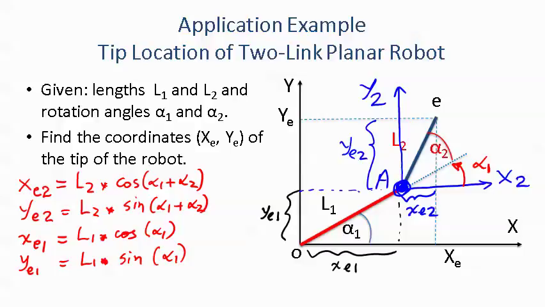And finally, the coordinates of XE and YE for this two-link robot are given as the addition of XE1 plus XE2, and for YE as the addition of YE1 plus YE2.